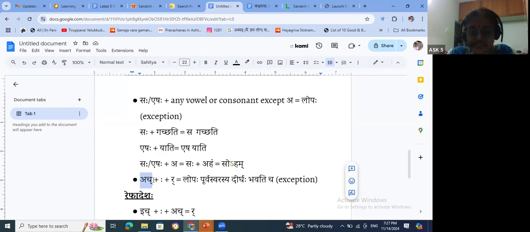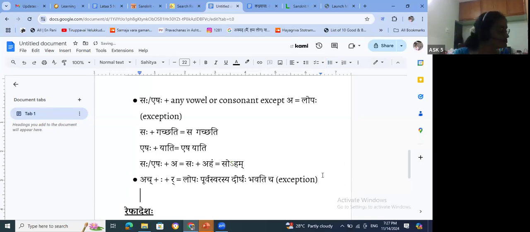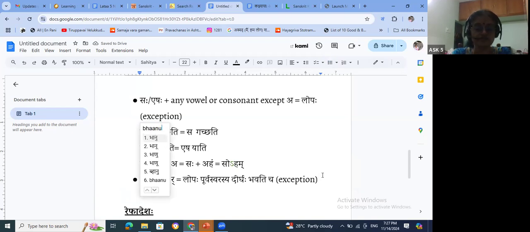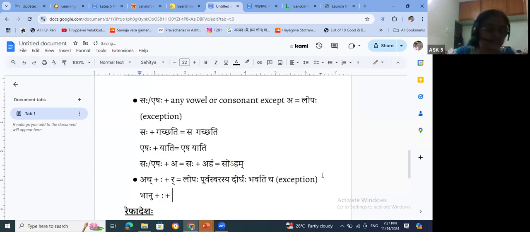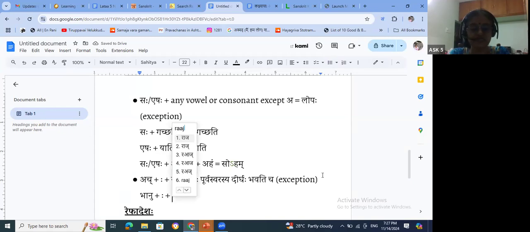Another thing. To the left there is ach, then visarga, and then r. In this case also, lopaha happens, and then purva swarasya dirgha bhavati. Artha kim? Suppose I say bhanuhu rajate. The sun shines.